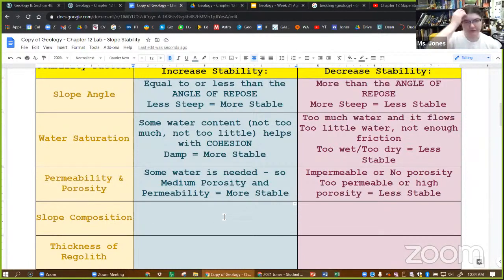All right. Now, if you have a slope and it's completely made out of dirt, it's not going to be very stable. However, if your slope is mostly made out of bedrock, it's going to be super stable. So solid materials equal more stable, for example, bedrock.